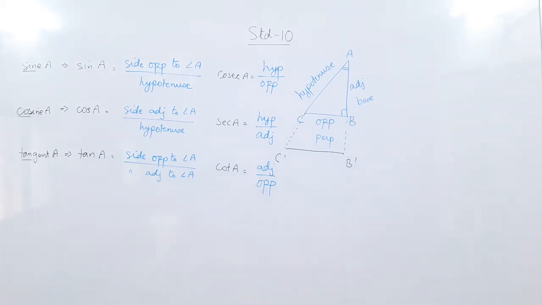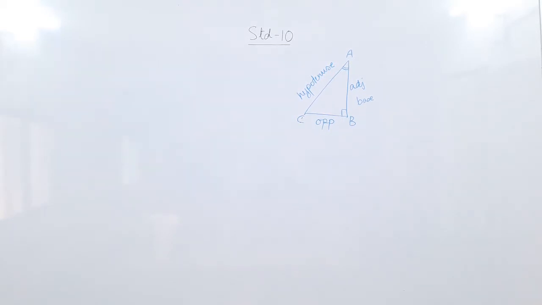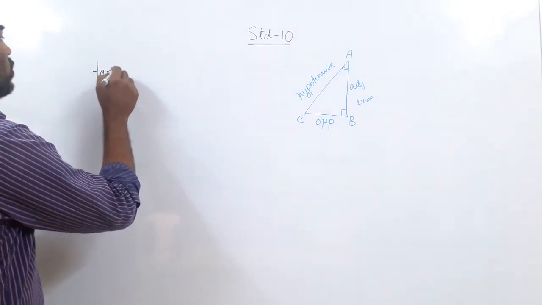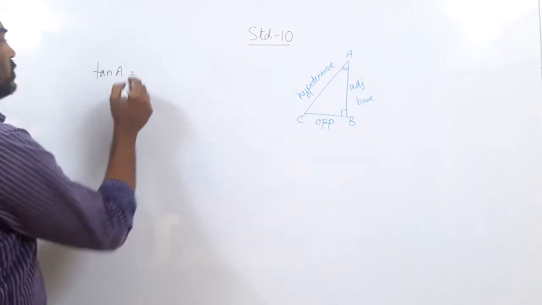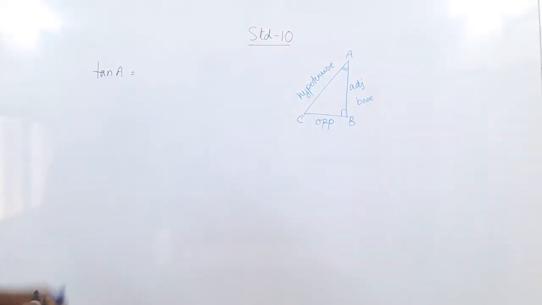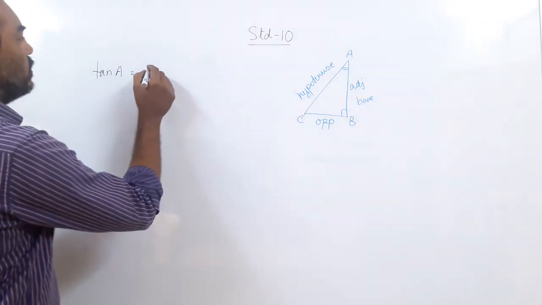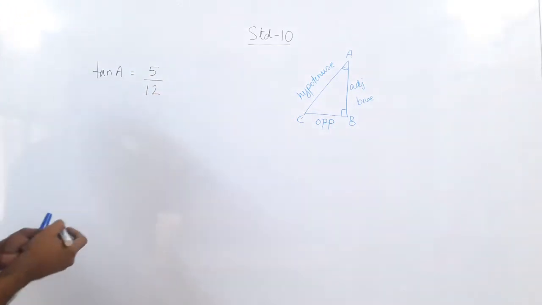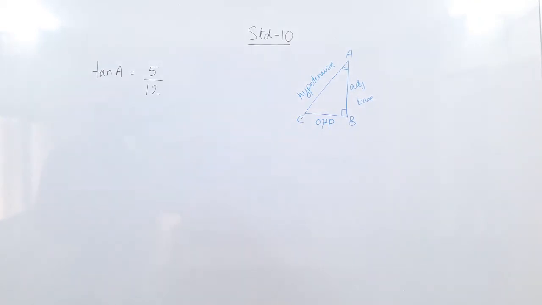Now we will take up a few examples. So let us begin with the first sum. Let us say it is given to us that tan of angle A is in the ratio 5 upon 12. Okay? So what does this tell you?